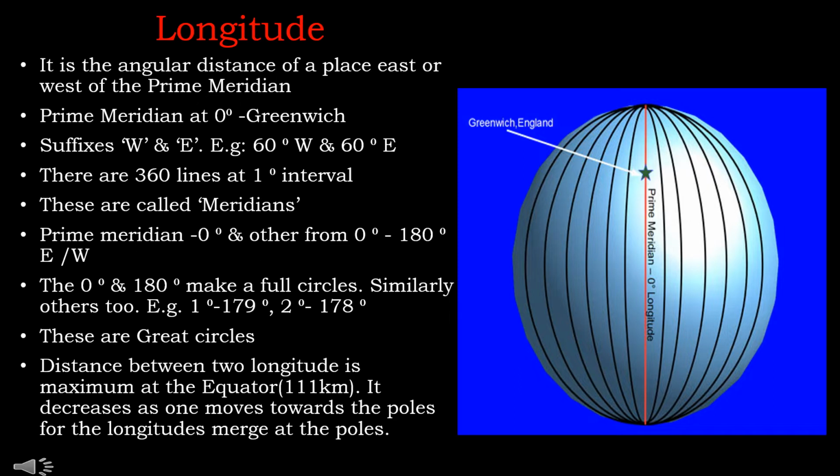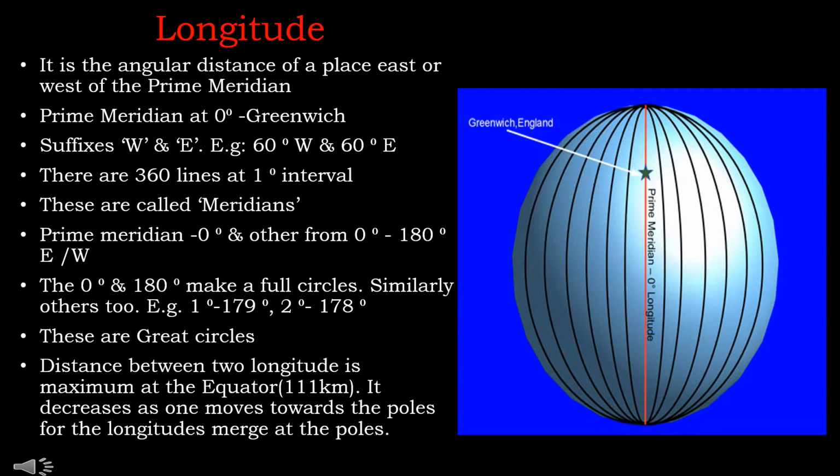The lines to the west of Greenwich are suffixed with W, and those east of Greenwich are suffixed with E. For example, 60 degree west and 60 degree east.